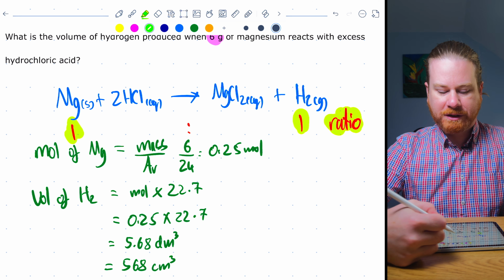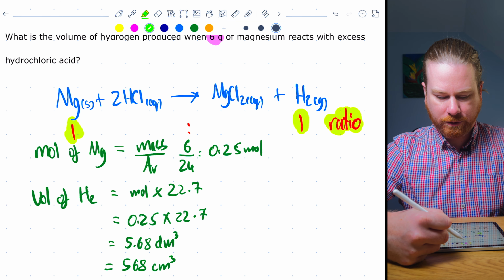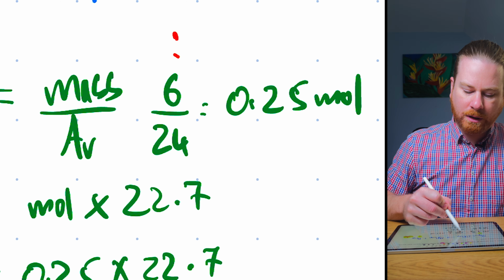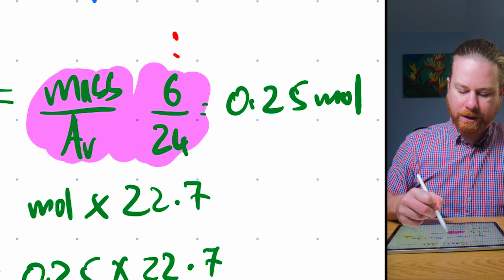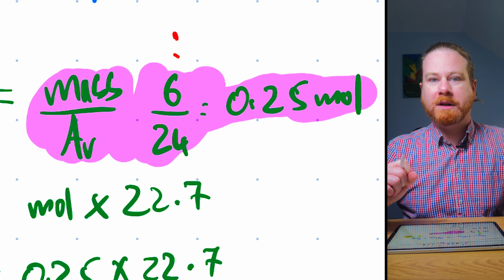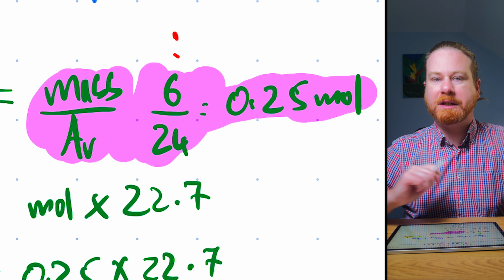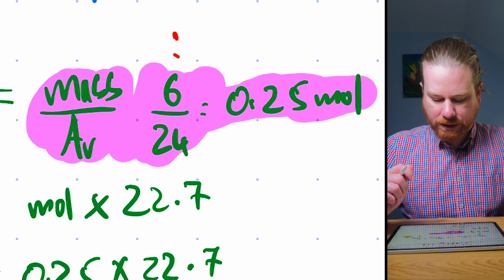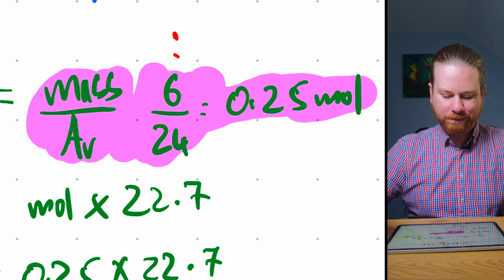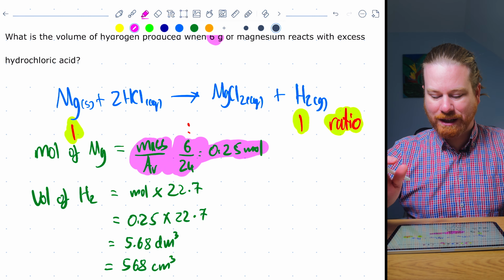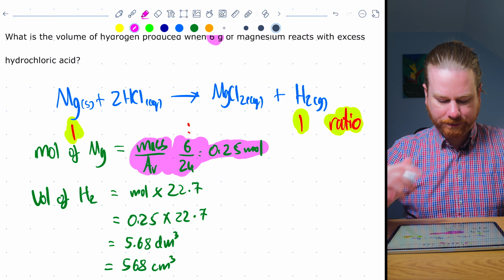So moles of magnesium, this is using an equation from a previous video. The mass divided by the relative atomic mass is going to give us 0.25 moles of magnesium. This is exactly the same as the moles of hydrogen produced.